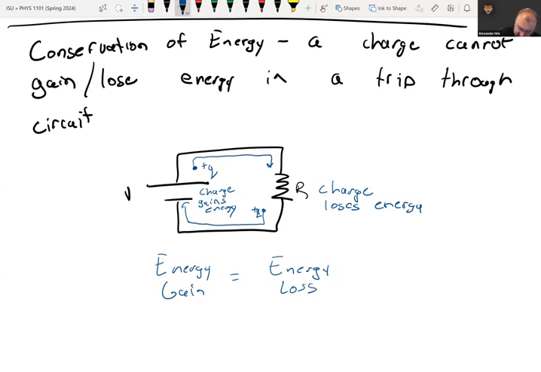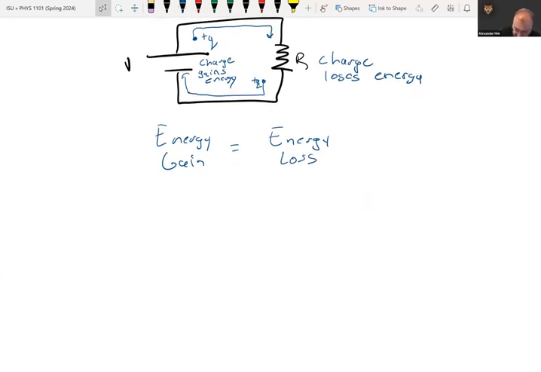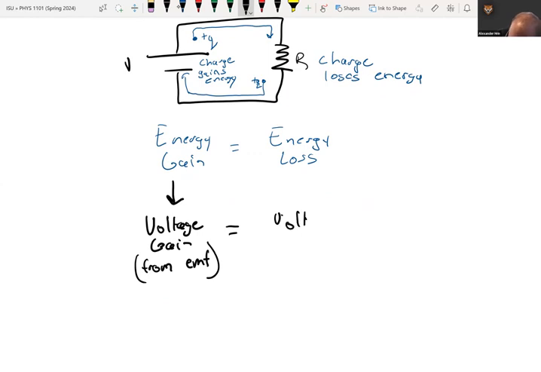If we remember, the whole point of using voltages was to abstract away from a charge moving around the circuit. What this implies is that the voltage gain, and this is really from EMFs, has to equal the voltage loss or drop.